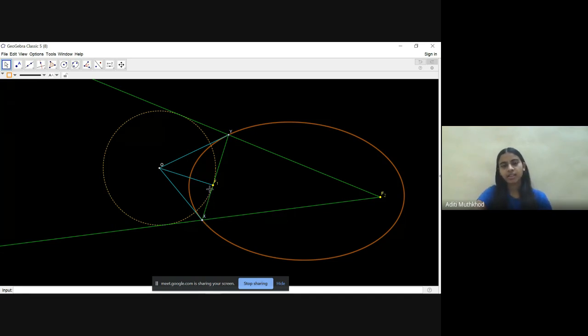When I'm stating the proof, F1 is the focus, and it's not necessarily the tangency point yet. So F1 is the focus, and we're talking about XF1 and XF2. The sum XF2 plus XF1 is going to be equal to 2a, the major axis, and YF2 plus YF1 is also going to be equal to that.